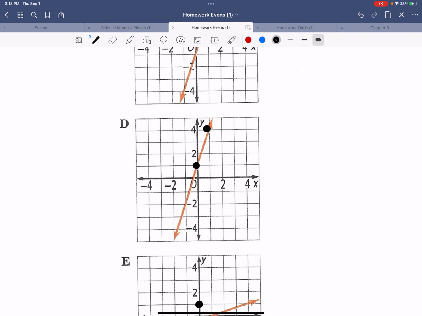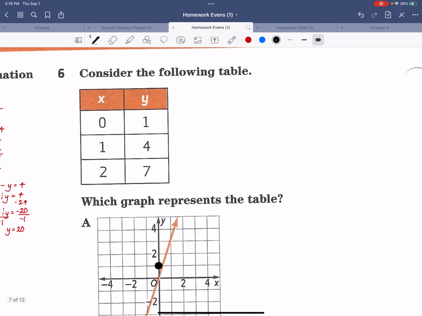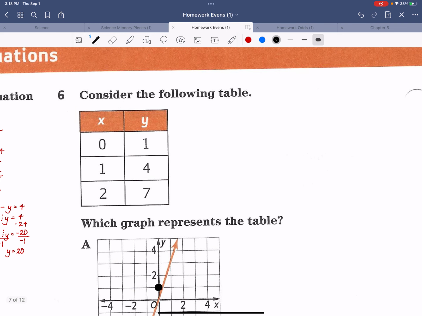Here's what I think they wanted us to do. They've given me 2 points. I can find slope. Y sub 2 minus y sub 1 over x sub 2 minus x sub 1 is 4 over 1, which is 4.